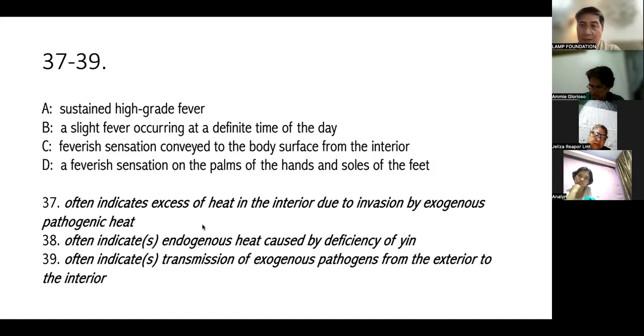And how do we show proof that you passed or failed? Aside from the videos, we're going to give you an exam for each module plus a revalida. Don't worry about the revalida. Actually, what we are doing now is already a revalida.